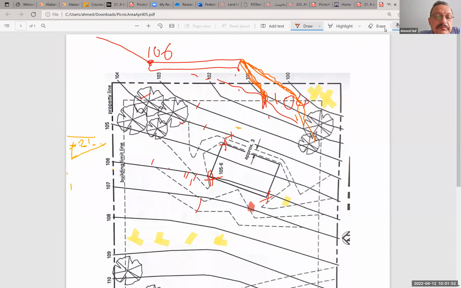Would it help? I don't know. It depends on your design. And we said that to make this acceptable, if you're having grass that you need to cut, the maximum slope is 1 to 3, which means that if you go 3 feet in that direction, you drop by 1 foot vertical.